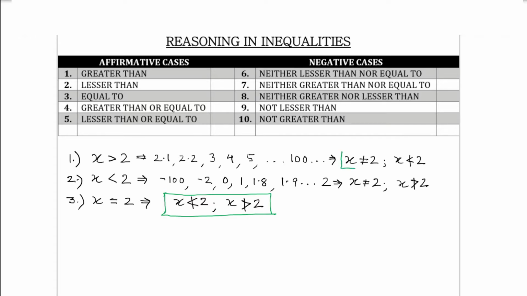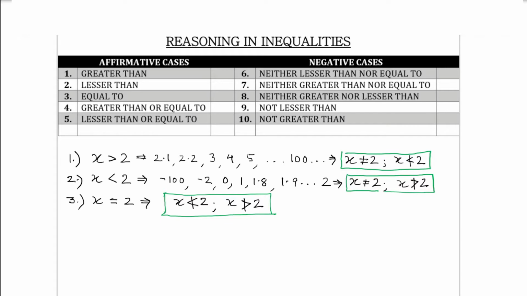So this is another way to interpret and convert this affirmative case into a negative case. I hope by now you would have understood what we are trying to do. We are trying to establish a synergy between the affirmative case and the negative case.